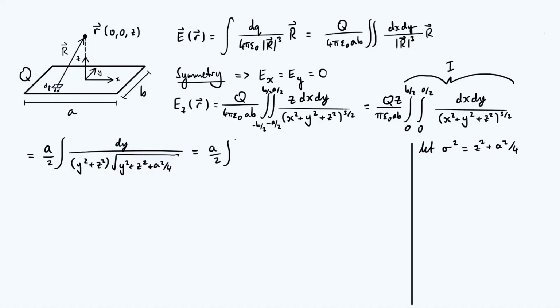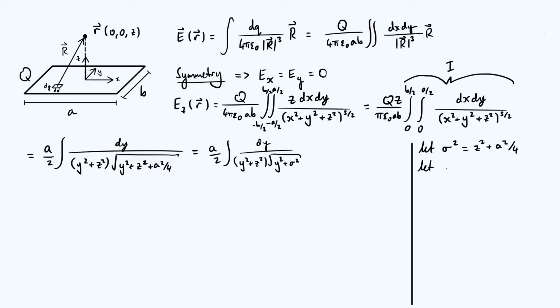So it's a over 2 times the integral dy, and we've got over y squared plus z squared, and now the square root of y squared plus sigma squared. So the fact that we've now got this y squared plus sigma squared suggests a tan substitution again.